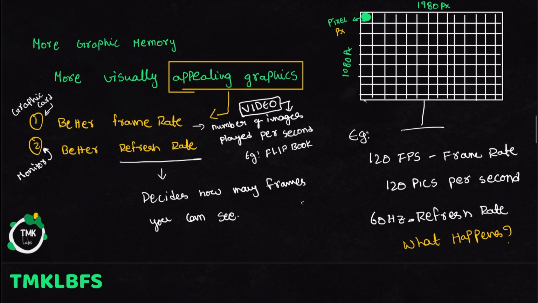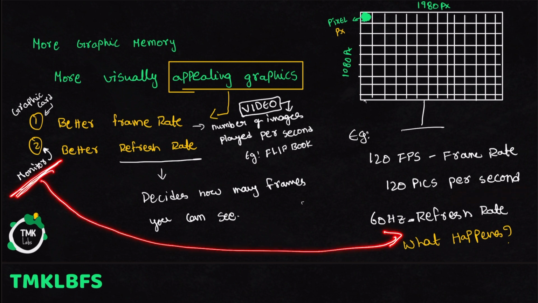Imagine this is your desktop, and this is a full HD desktop, which means 1920 pixels width and 1080 pixels height. Imagine you have a 120 fps frame rate, meaning 120 pictures will be moved in a second, and your monitor refresh rate is 60 Hz.